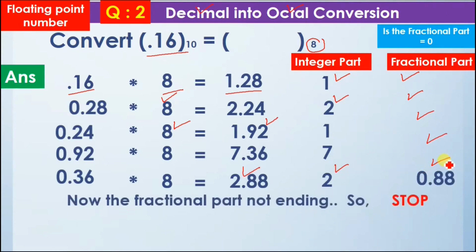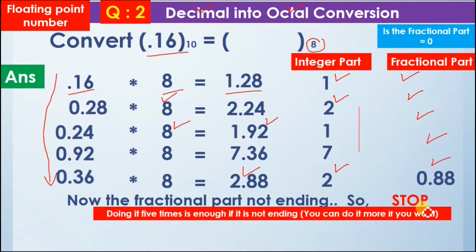So now we can see that the process is not ending and the fractional part is once again not 0. So we will stop the procedure when we have done the steps 5 times, okay? Otherwise it's a never ending procedure and it will keep on going. So we will stop it and we will calculate the answer by going from top till bottom in this direction, okay?